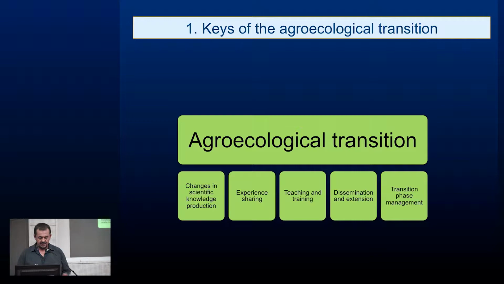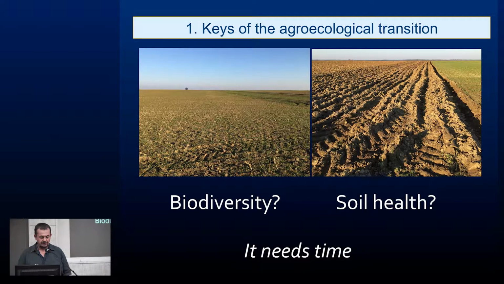These cases are given in the book, and as you can see on this slide, where is the biodiversity in this crop, and what about the soil health in this crop? So you can imagine that it needs time to move.